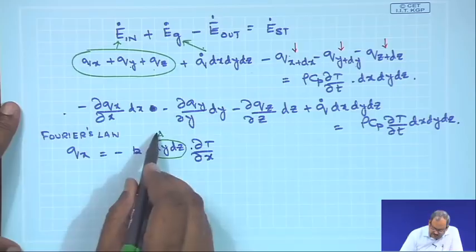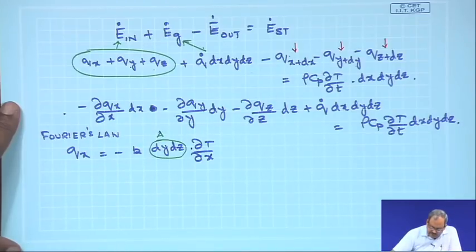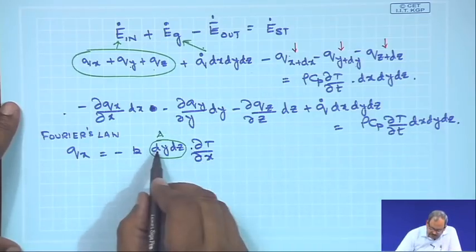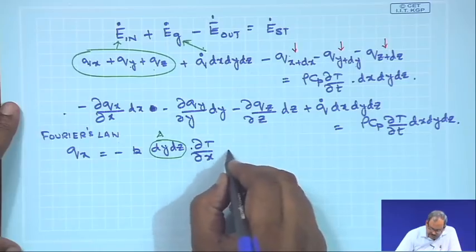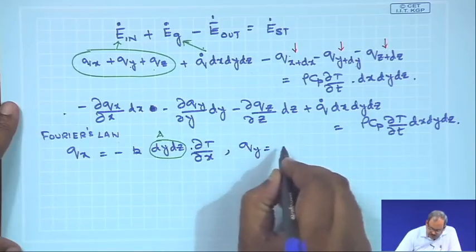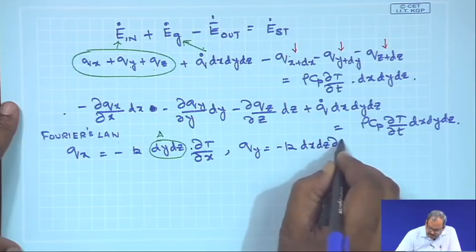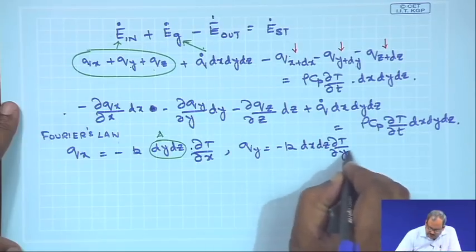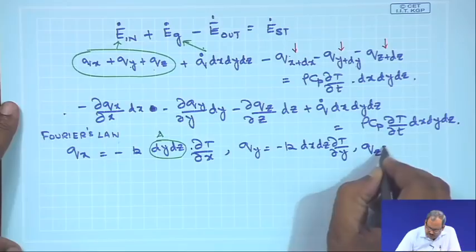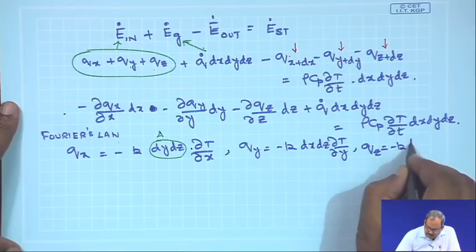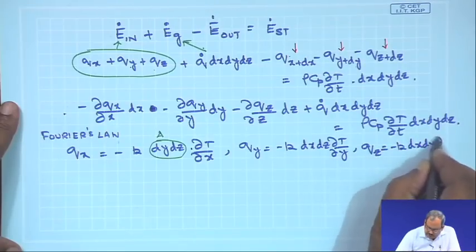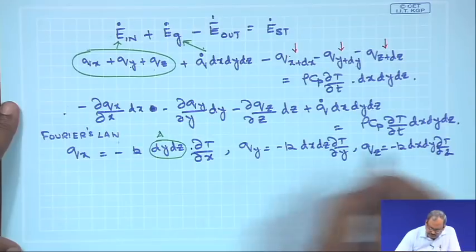Q is minus k A dT by dx, and since we are talking about the x face, it has area of dy dz. Similarly, q y would be minus k times dx dz del T by del y, and q z would be minus k dx dy times del T by del z.